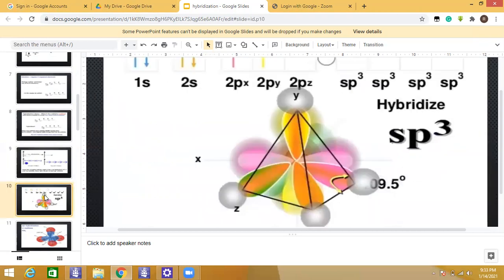Look at this tetrahedral geometry. Each sp3 orbital overlaps linearly with the 1s orbital of hydrogen.